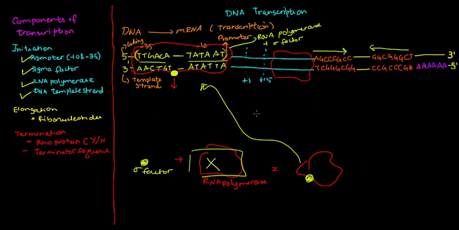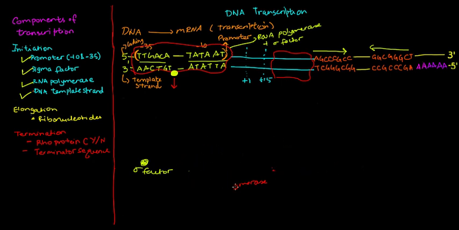So after my RNA polymerase synthesizes my mRNA, it goes on to synthesize something called a terminator sequence that would help terminate the transcription.